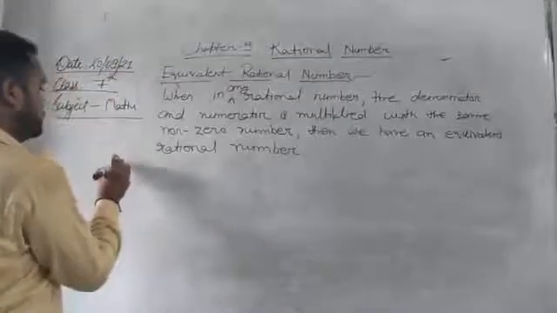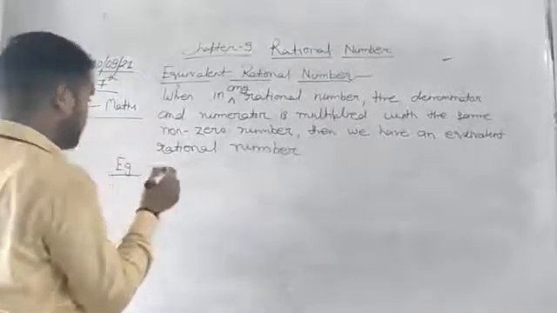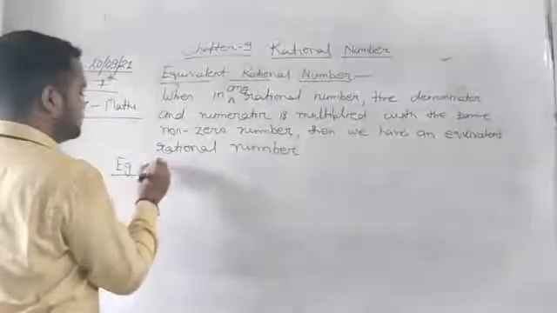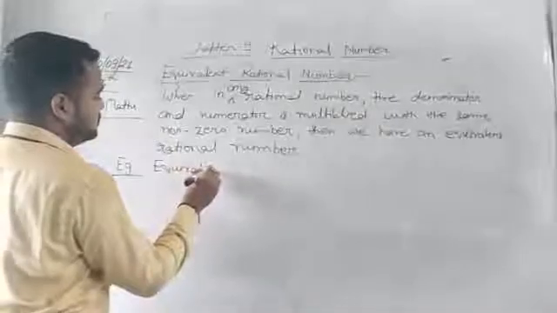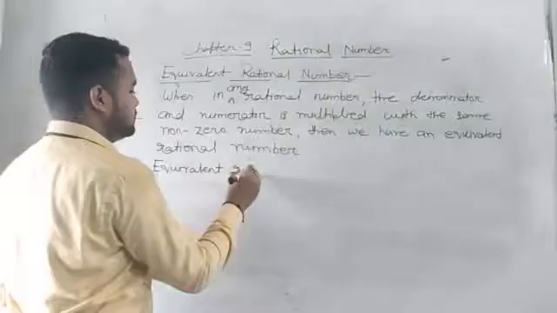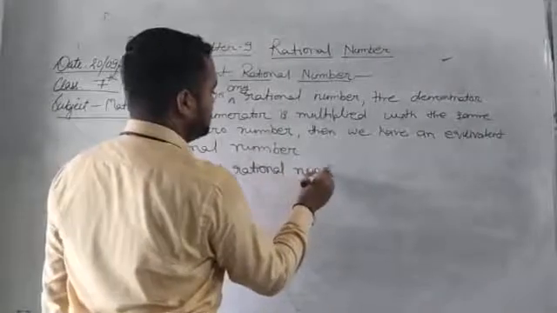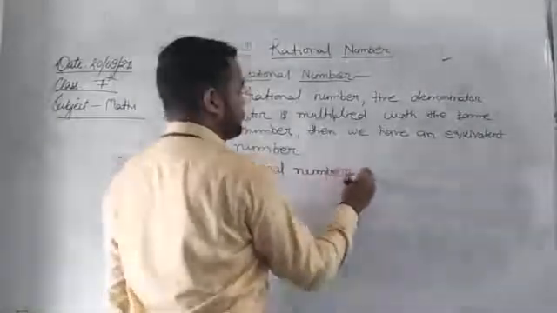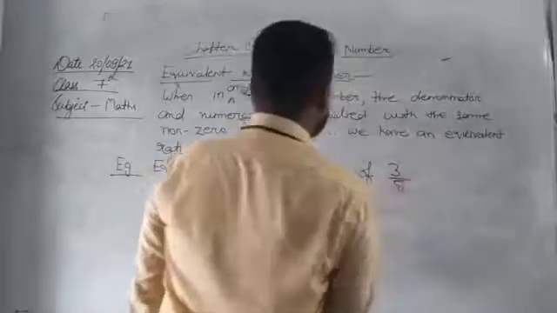So, for example, if we have to write equivalent rational numbers of 3 by 5. Okay.